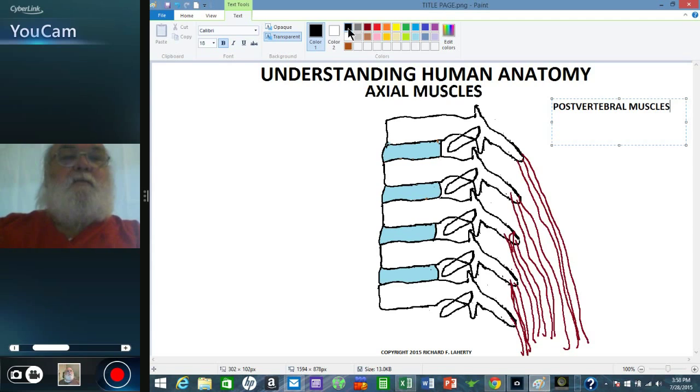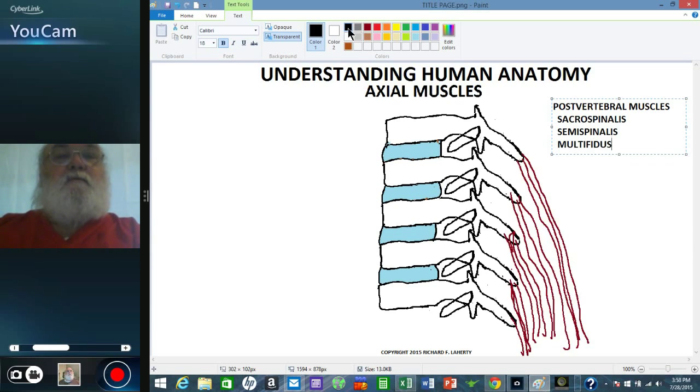Now, some of these muscles that are considered postvertebral muscles would be muscles like sacrospinalis, which is in fact a group of muscles, the semispinalis, multifidus muscles, all postvertebral muscles.